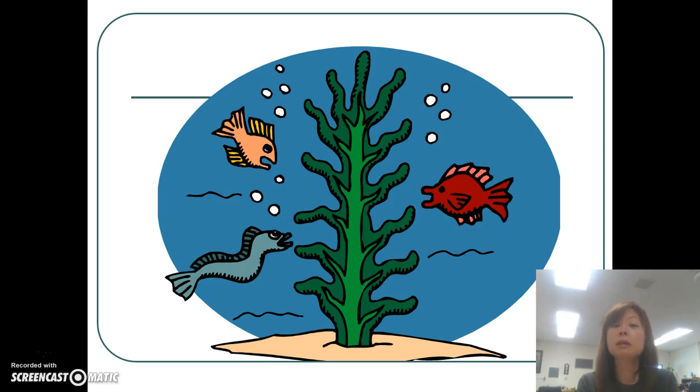That would be a qualitative observation. Or there are 3 fishes in the picture. That would be a quantitative observation. Or the water is blue. That would be qualitative. And if you counted the number of bubbles, 1, 2, 3, 4, 5, 6, 7, 8, 9, 10, 11, there are 11 bubbles in the picture. That would be a quantitative observation.